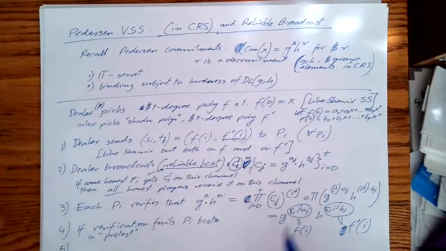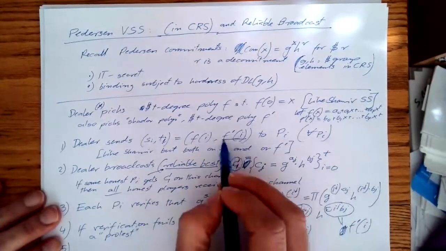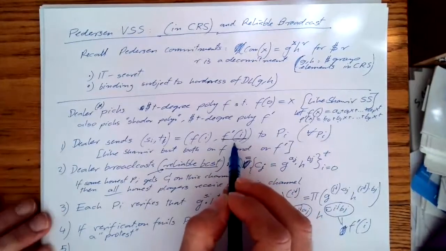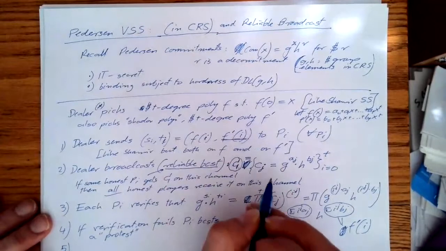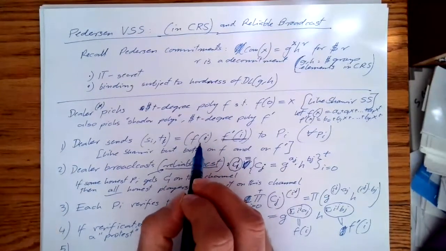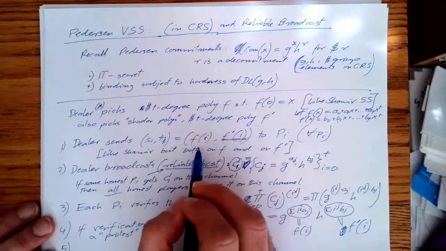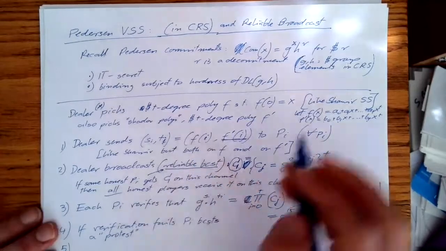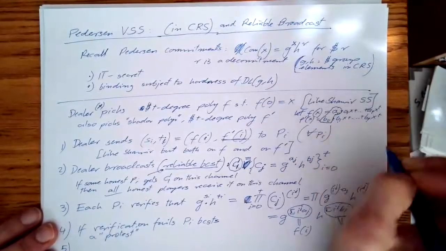But it's not so hard to see that in spite of this sort of side information, if you think of t bad players, they get t shares. The only secret is this, A0 and B0, right?